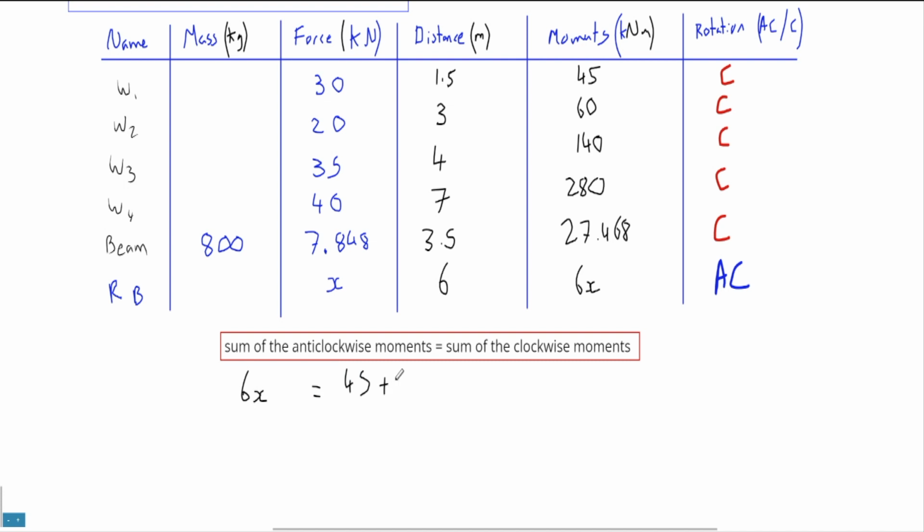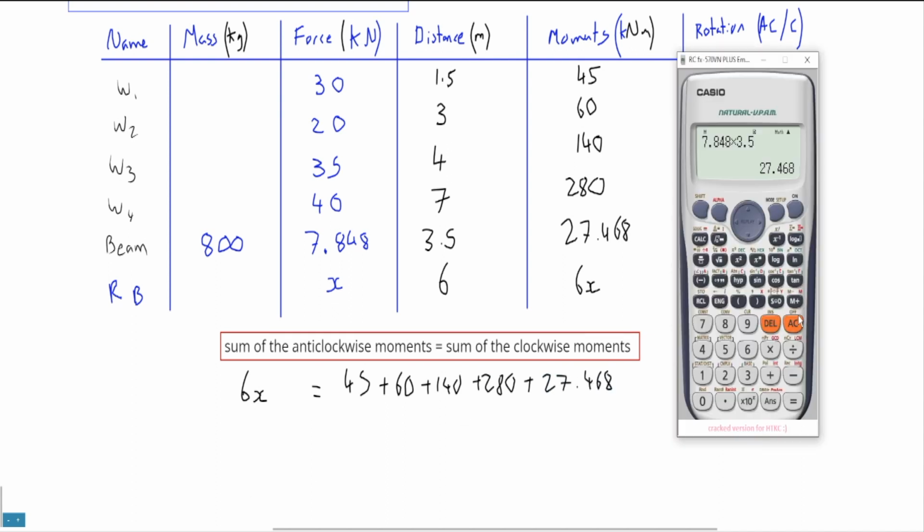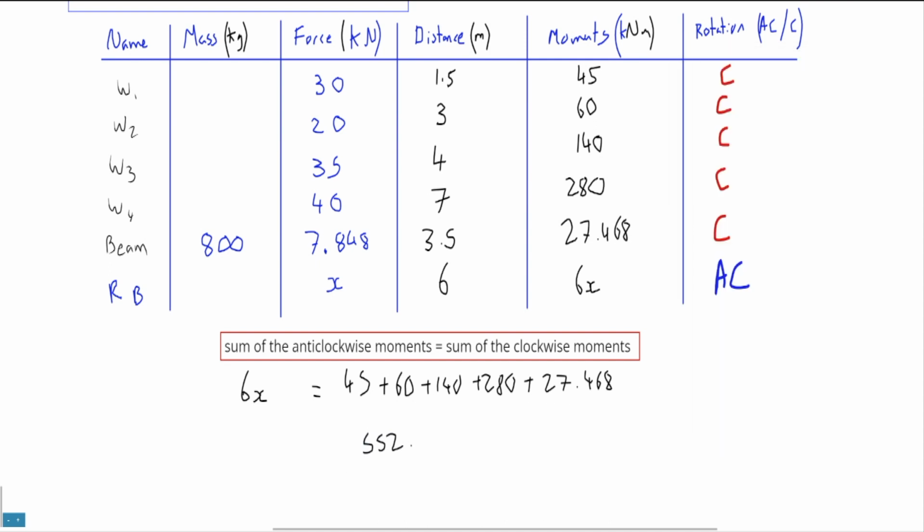Let's write it down. 45 plus 60 plus 140 plus 280 plus 27.468. Add them all up. I got 552.468.